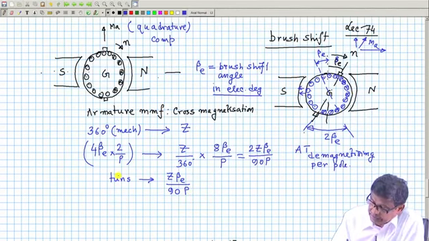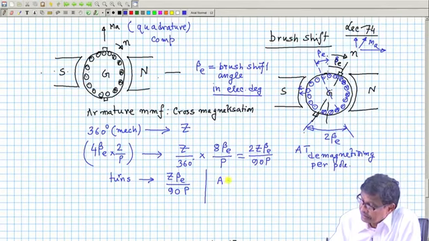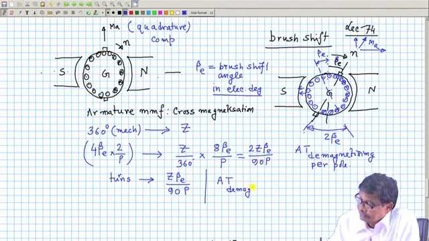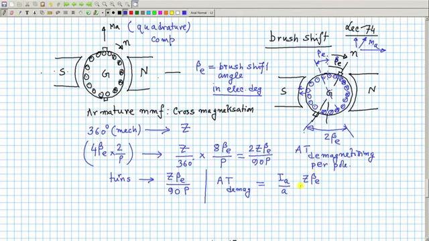So, this is turns. Therefore, demagnetizing ampere turns will be the current flowing through the turns, that is Ia by A, into this one, Z beta E by 90 P.